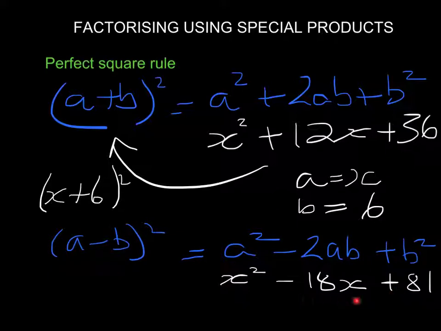If this is 2 times 9, well, the square root of x squared is x, so that's the a bit. If this is 2 times 9, which it is, then I know that I have a perfect square, regardless of whether this is minus or plus. This will only change the sign that I have in the middle up here.